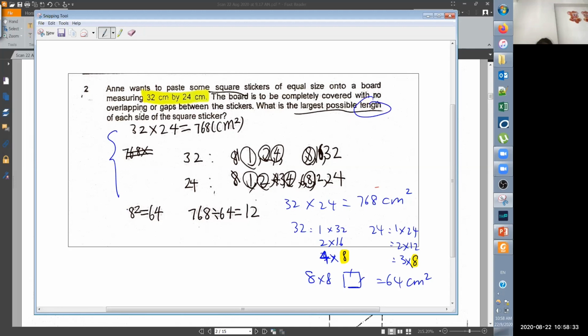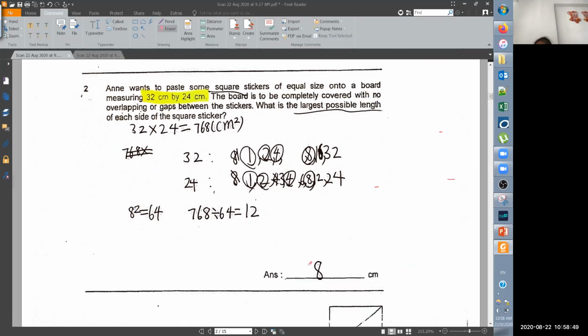You don't need to write this step, because they are not asking for the maximum number of squares.